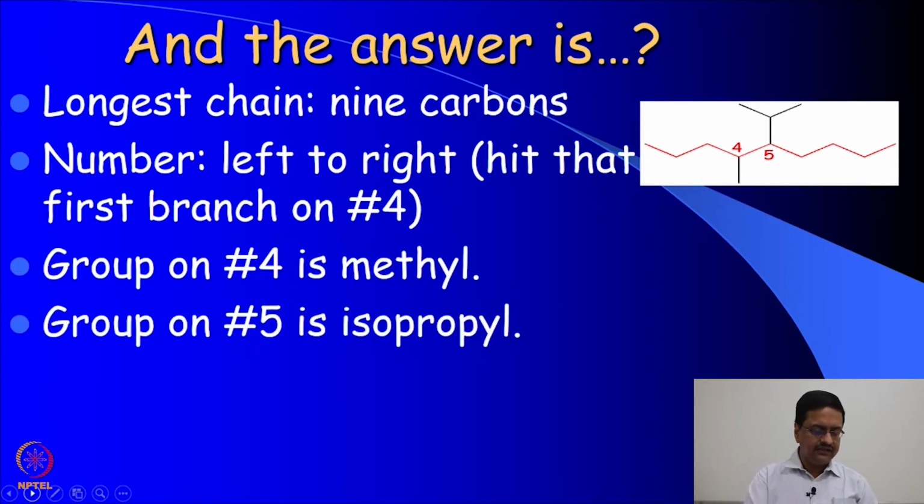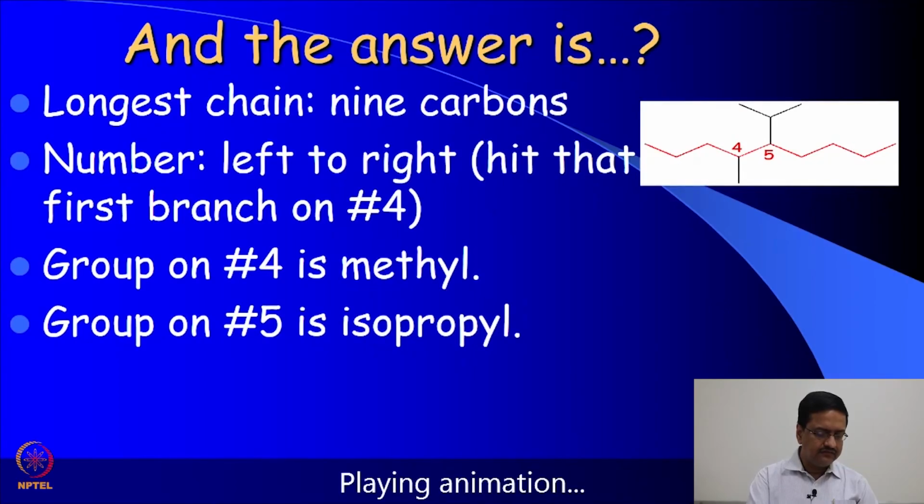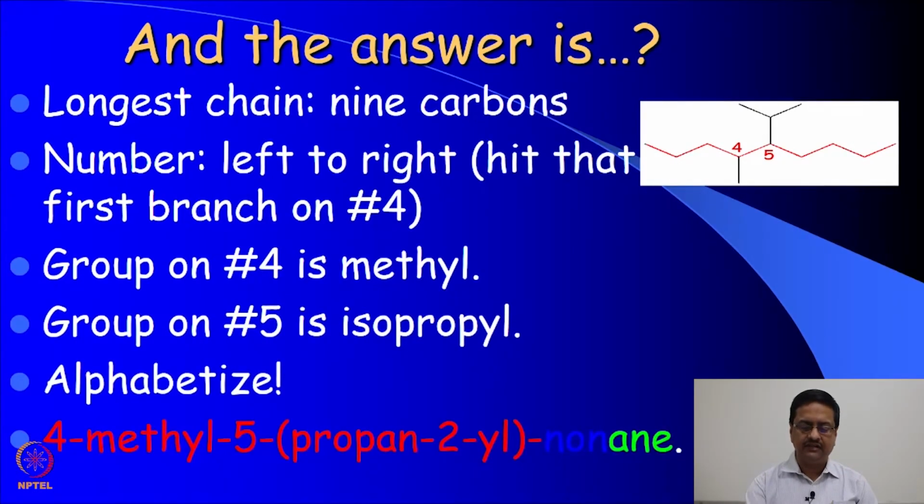When you try to see that, what we find is, if we are trying to number it from either side, either from the left corner or from the right corner, we get the same thing: 1, 2, 3, 4, 5, 6, 7, 8 and 9.